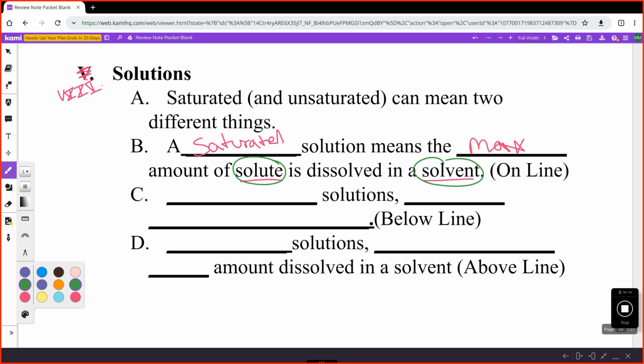An unsaturated solution is one that has less than the max.